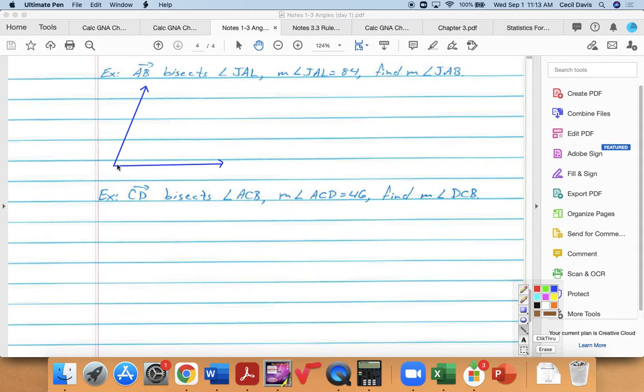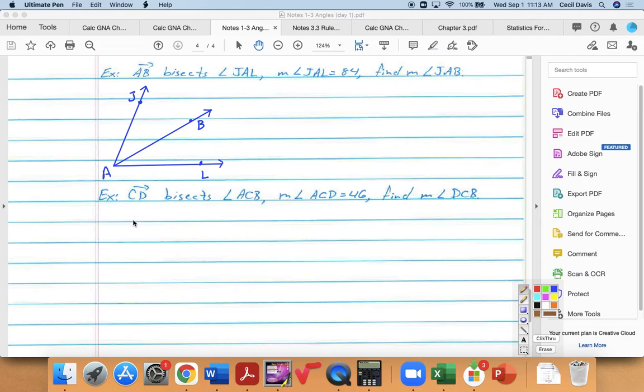And I want ray AB to be splitting that angle right down the middle. So A has to be the vertex. J has to be on one side of the angle. L is on the other side.